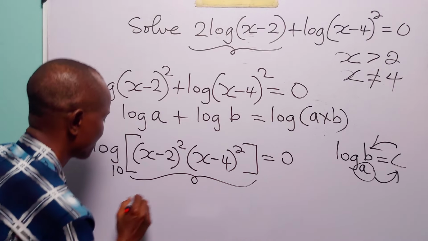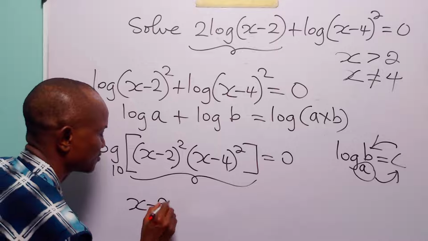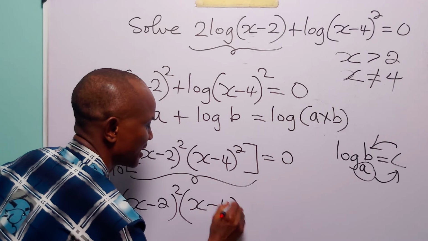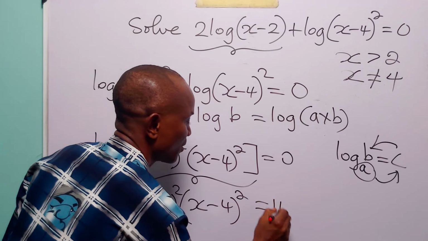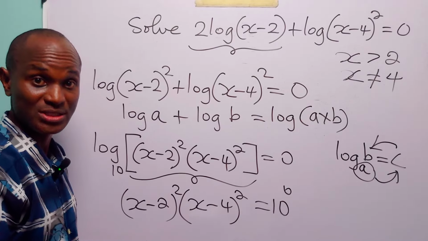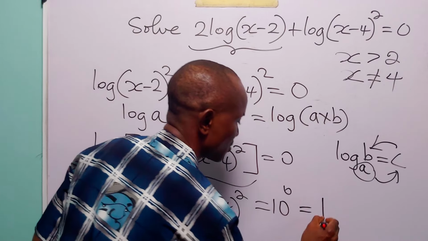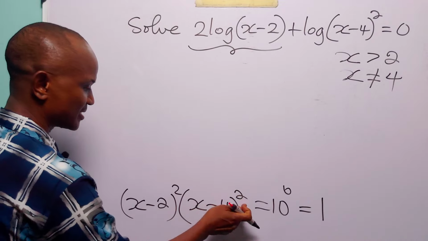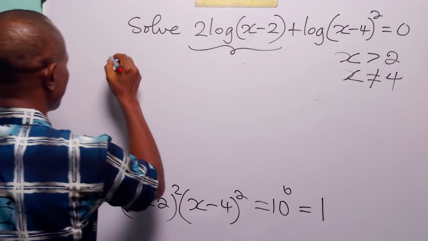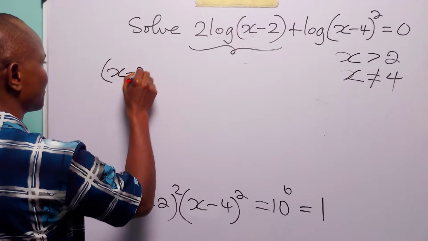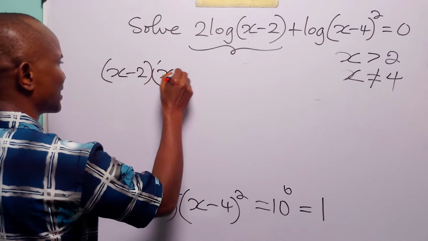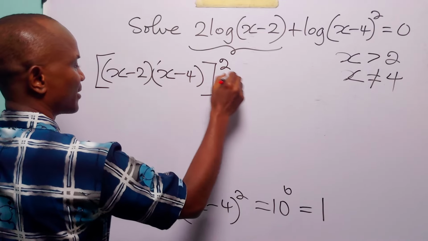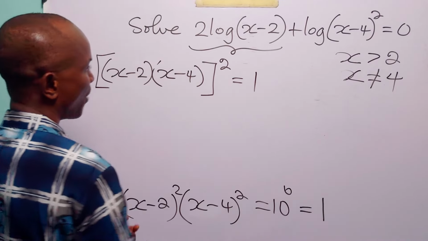So we have that (x - 2) squared multiplied by (x - 4) squared is equal to 10 to the power 0, and 10 to the power 0 is equal to 1. Since these two items are raised to the same power, we can write them as (x - 2) multiplied by (x - 4), both raised to power 2, is equal to 1.